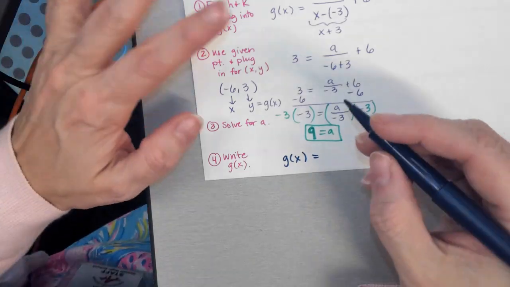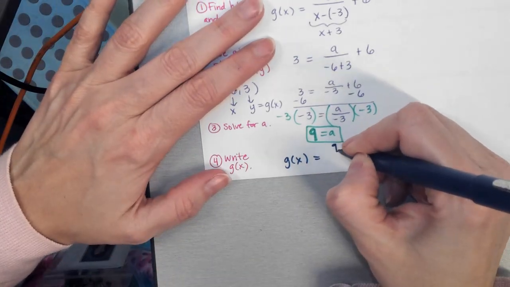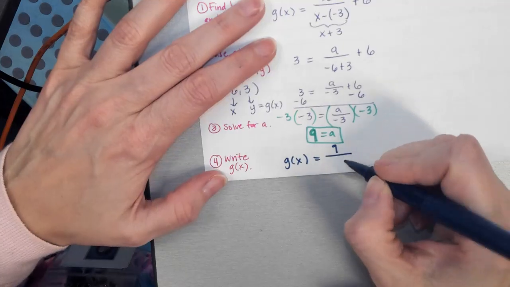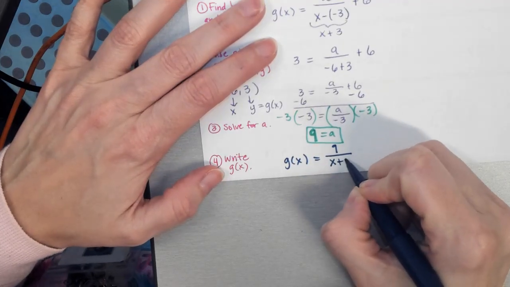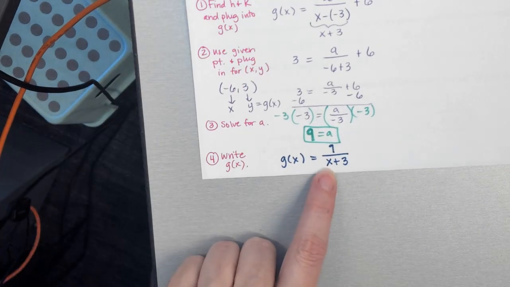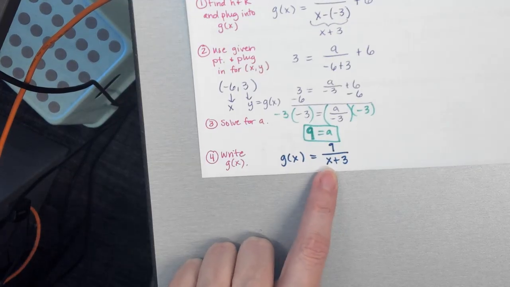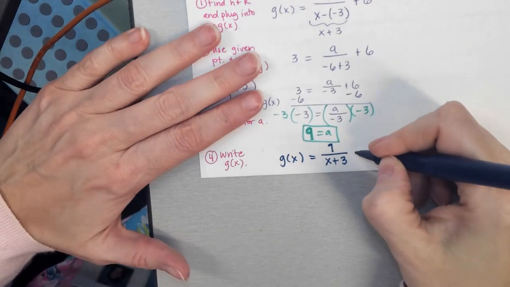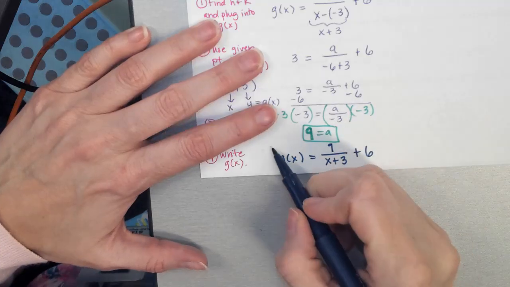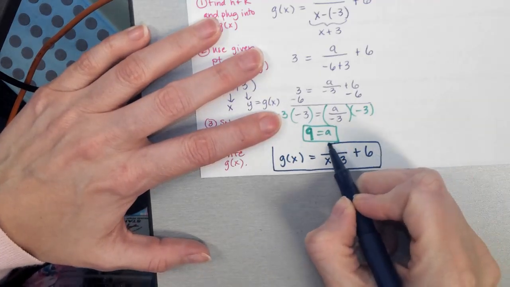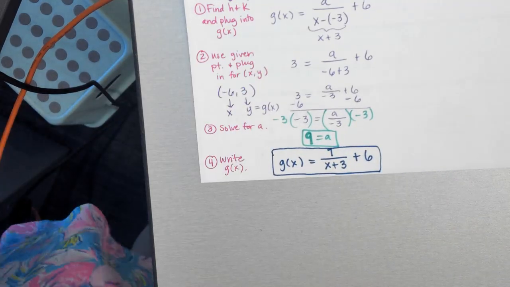So it's g of x equals 9 divided by x plus 3, because you plug in your h, and minus and negative is plus 3, and then you have your plus 6 on the outside. Okay, so this is going to be your function.